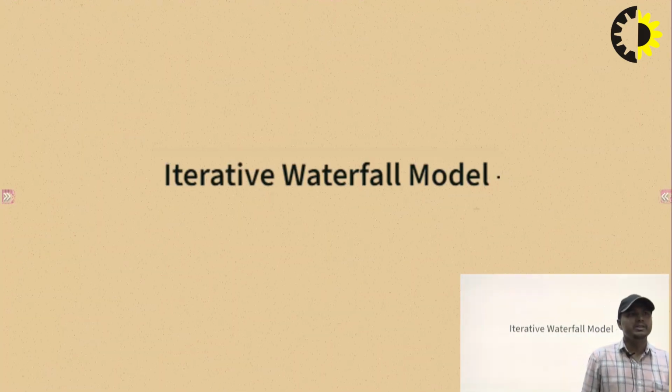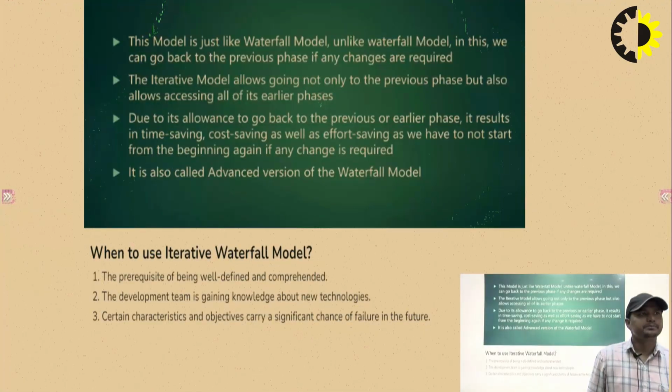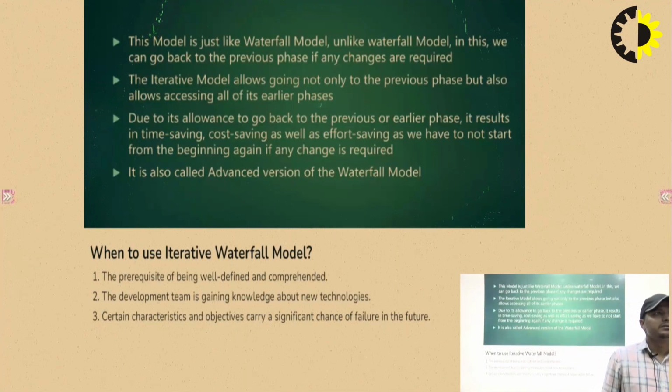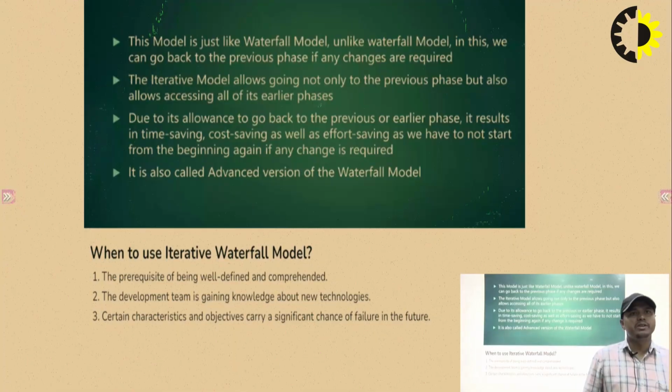Next model is the iterative waterfall model. This model is just like the waterfall model. Unlike the waterfall model, in this we can go back to the previous phase if any changes are required. The iterative model allows going not only to the previous phase but also to all of its earlier phases.